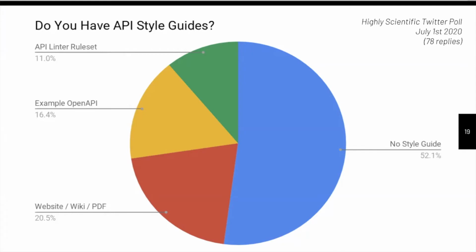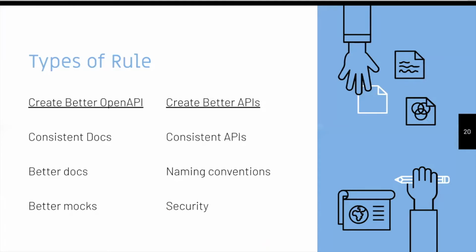And whenever you're not entirely sure how you should do something, you go and have a look at that, and hopefully there are some comments in there to make it more clear. But that's a bit of a rough way of going about things. And only 11% said they use an API linter rule set, like an automated style guide, which is what we're talking about here today.